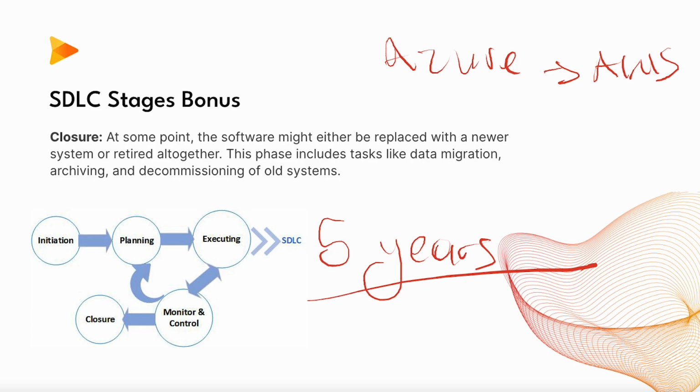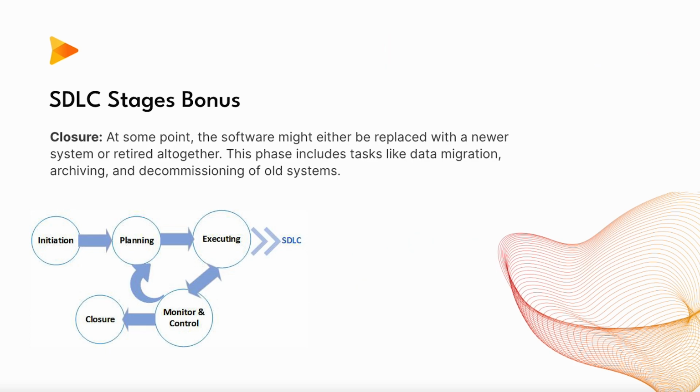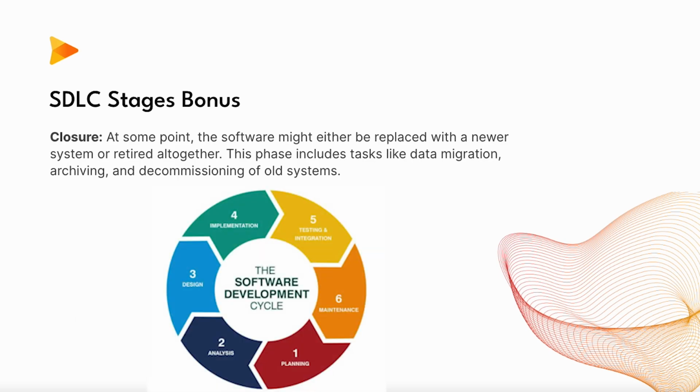So that is the software development life cycle, and those are the stages that are involved in the software development life cycle. So it's important for you to understand what the software development life cycle is. It's simply a structured process that's used by developers and project managers to design, develop, test, and do what?